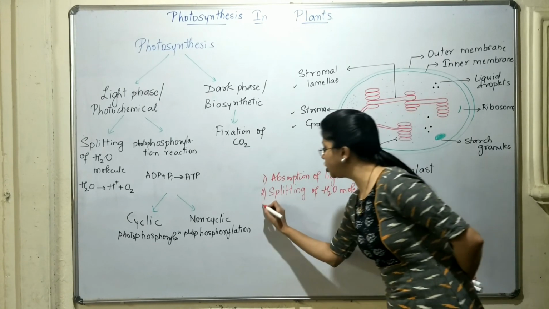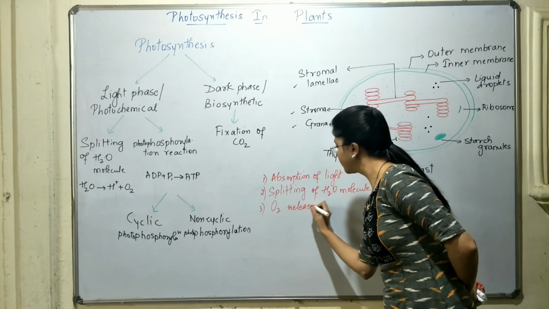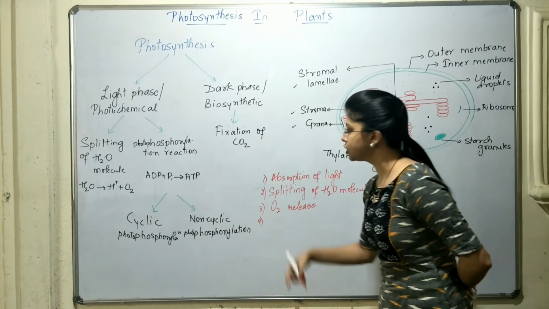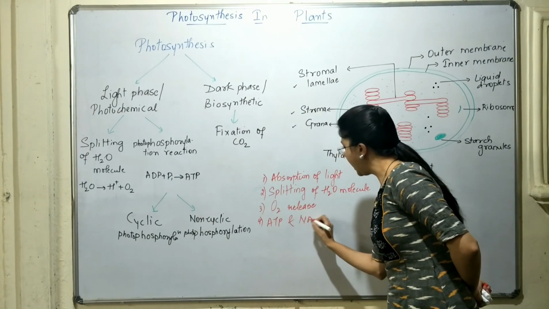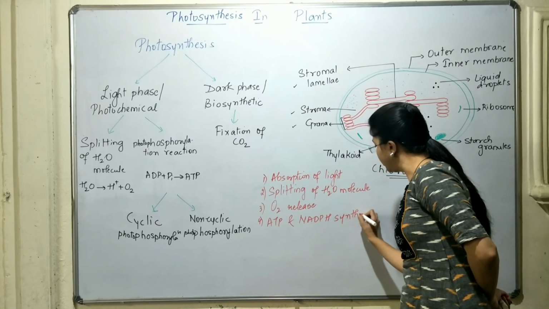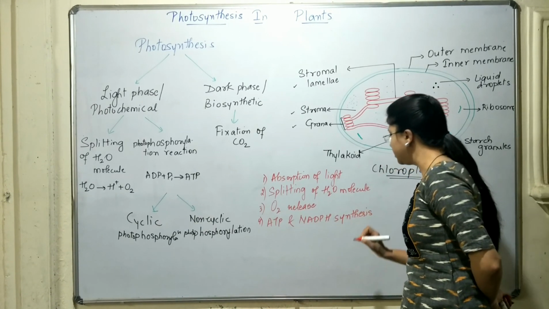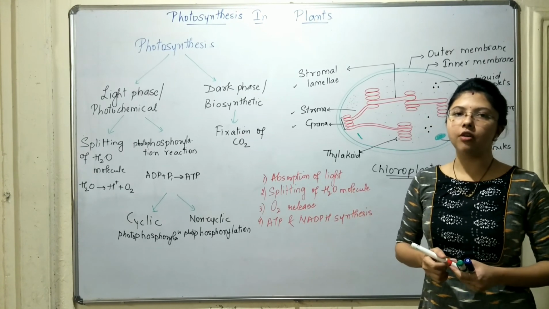Splitting of the water molecule is going to release oxygen. And this is going to help in synthesis of ATP and NADPH, which are going to act as the storehouse for the release of energy.